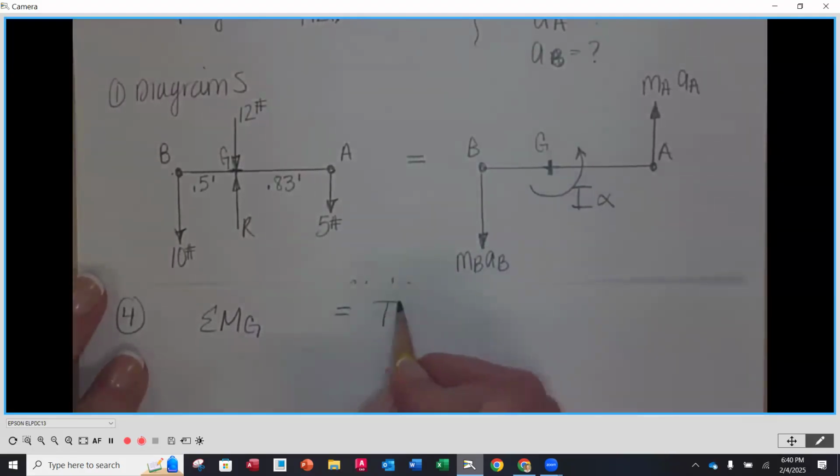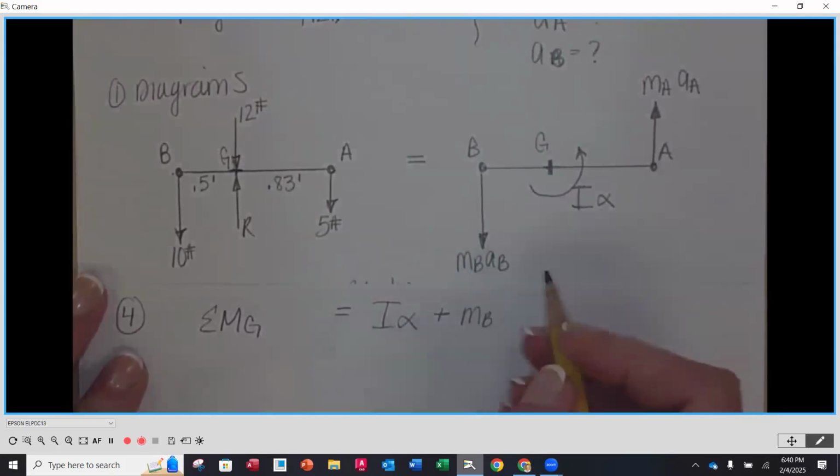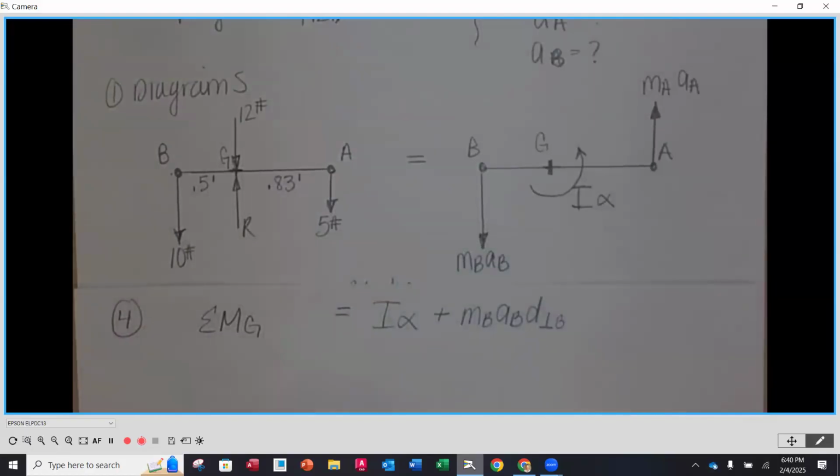So we're going to have I times alpha, plus first our mass at B times the acceleration at B times the perpendicular distance from B to G. So don't forget you have to multiply by that distance.